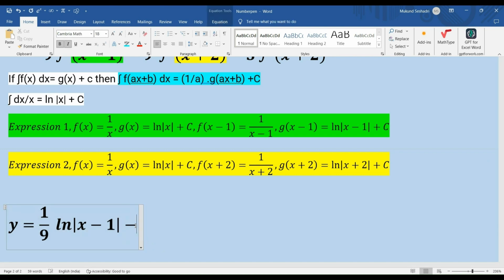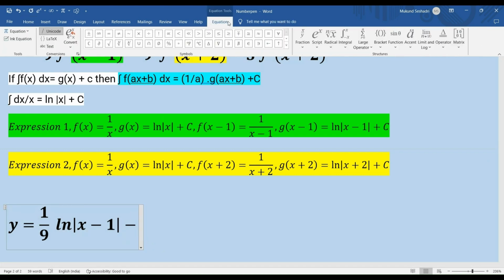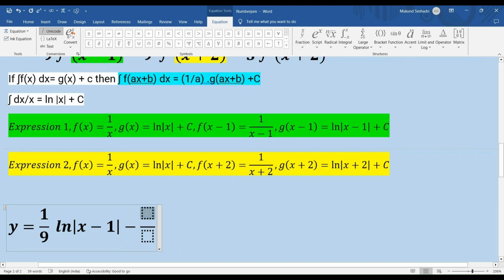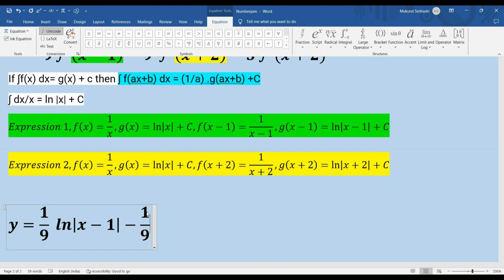So my a is 1, so I don't have to worry about it. But remember, I have a minus 1/9, so I will have to plug in that. So I have minus 1/9 times ln of mod of x plus 2, right? So that's the answer for expression 1 and 2.